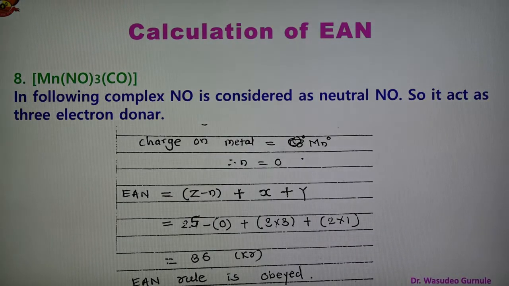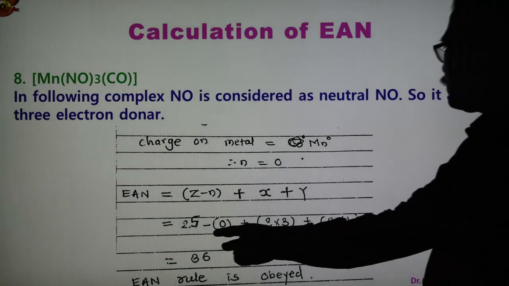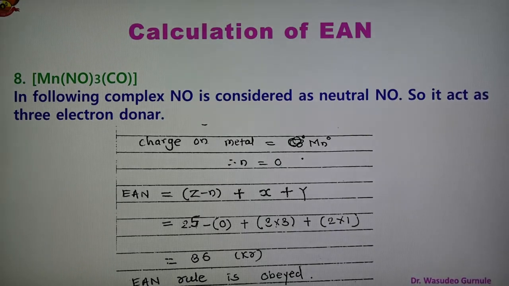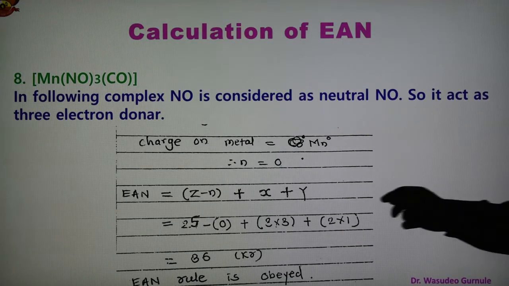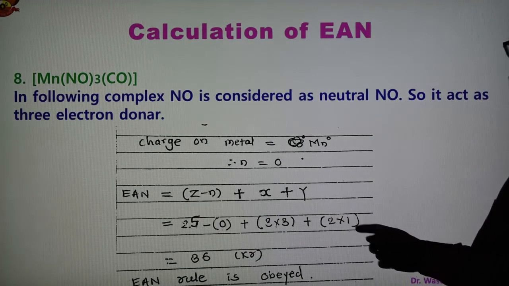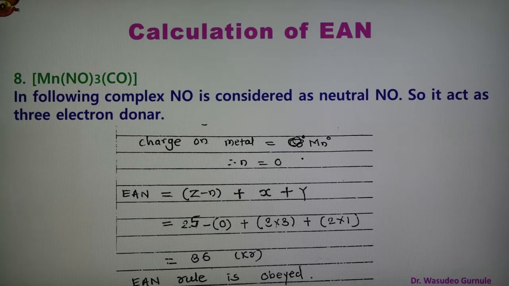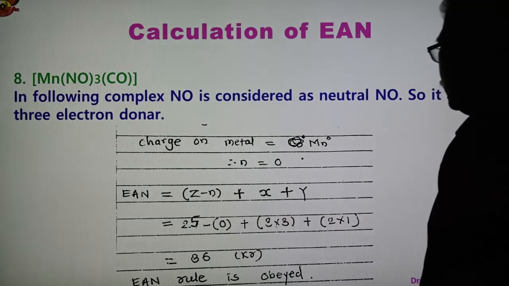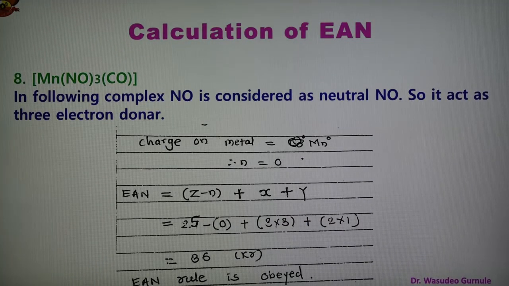So after calculation, 25 plus 9 is 34, plus 2 is 36. So in this case also the EAN rule is obeyed. The value of EAN is 36.